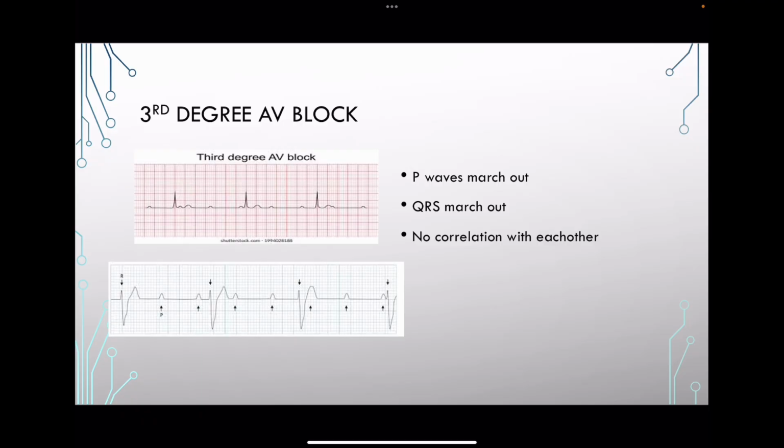So the pattern here is that your P waves march out all the way across. If you measure your P interval to your next P interval, those would be consistent. And then your QRS intervals, so your R to R intervals, would map out, but there's no correlation together.